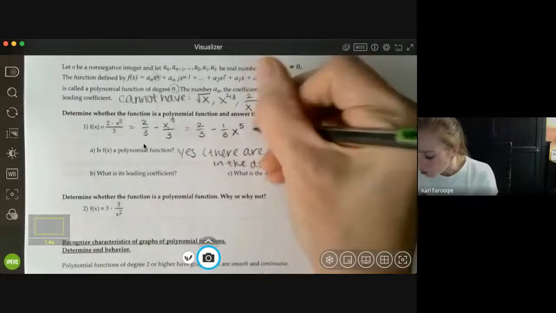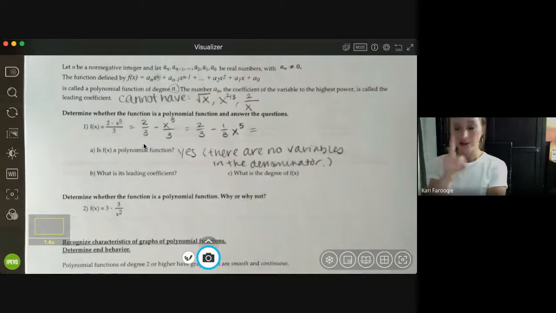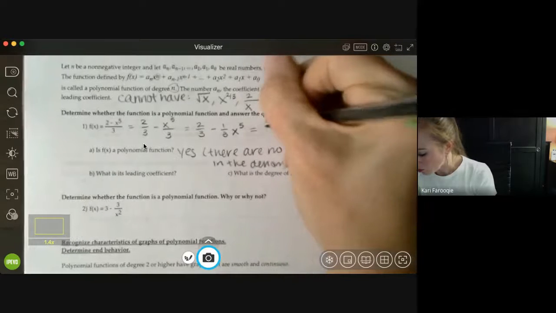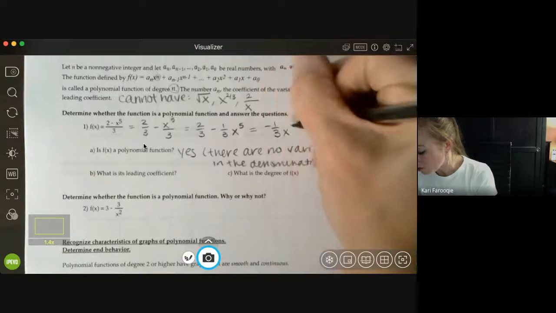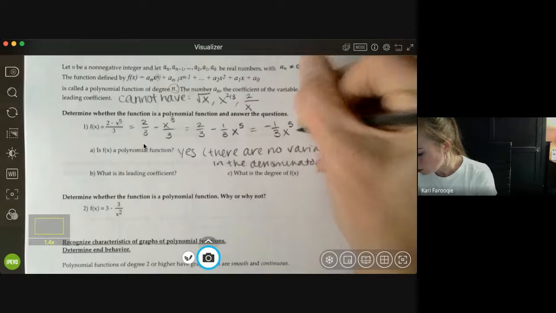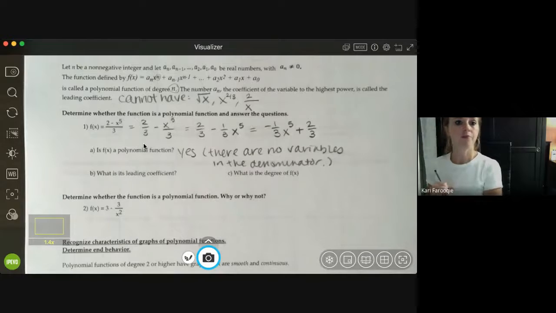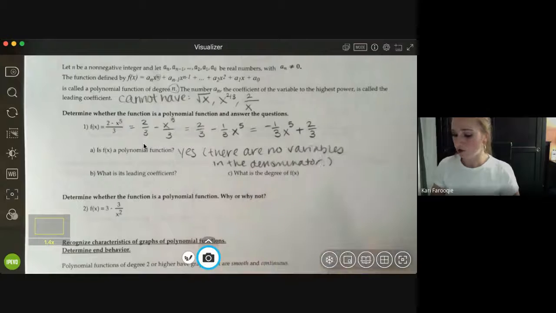So the leading coefficient we can find by rewriting this one more time and switching the order of the terms as negative 1/3 x to the 5th plus 2/3, keeping the signs that were originally attached to those terms.